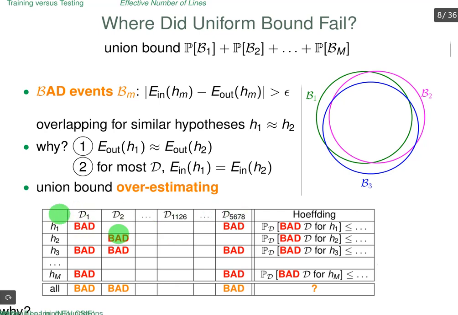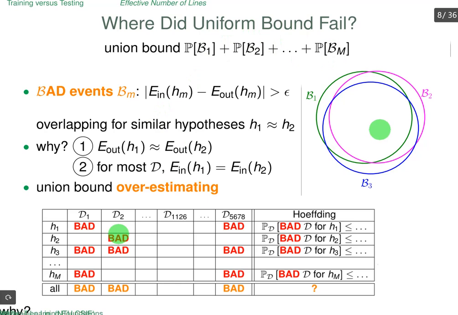So for H1, the probability of bad event on this example, H1 being different from the target F, is upper bounded by the following Hoeffding inequality. So we have H1, H2, H3, up to Hm. We collect all the bad events and then take just the union bound, which is this one.